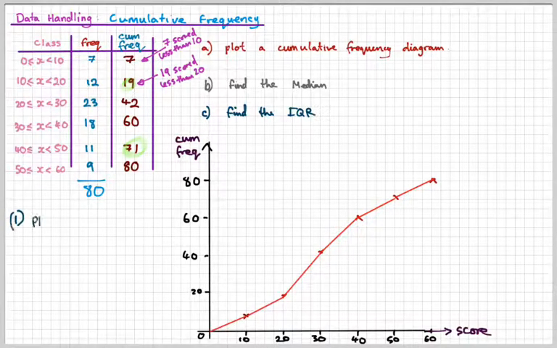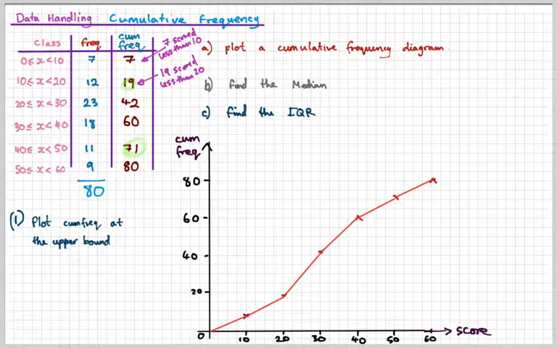Okay, so firstly, you're going to plot the cumulative frequency at the upper bounds, at the maximum values. Okay, and notice how I've connected here, I've connected the 10, I've gone down to 0 there. Okay, so this is hopefully our next point.